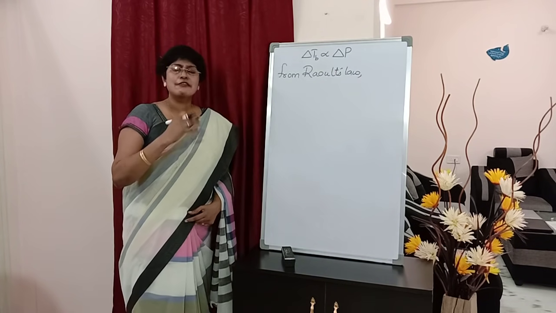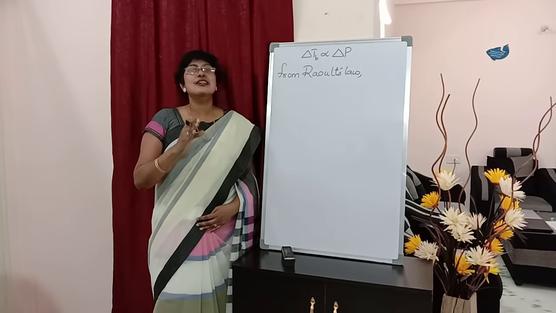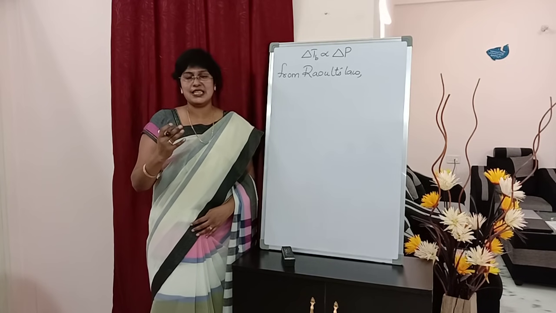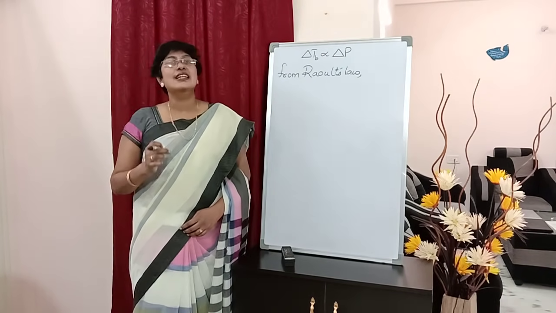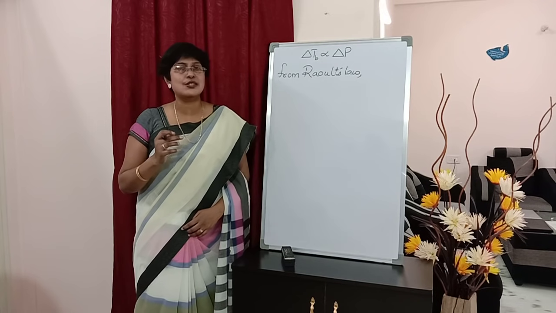Raoult's law means we should turn back the pages. So go back to Raoult's law, that is under the first colligative property. From Raoult's law, we have determined the expression for relative lowering of vapor pressure. What is that expression, students?